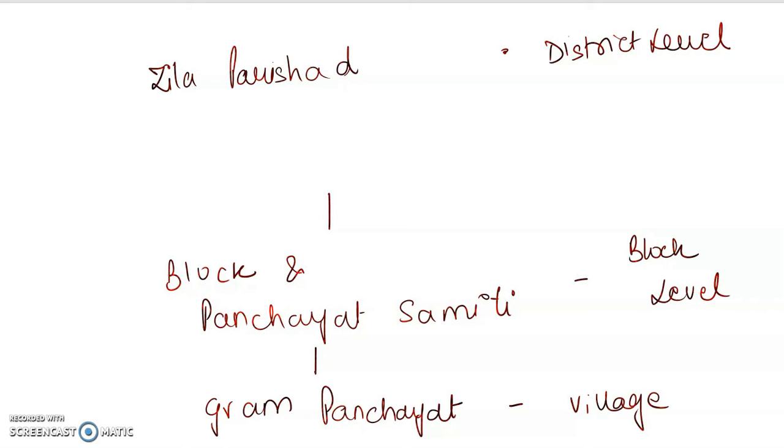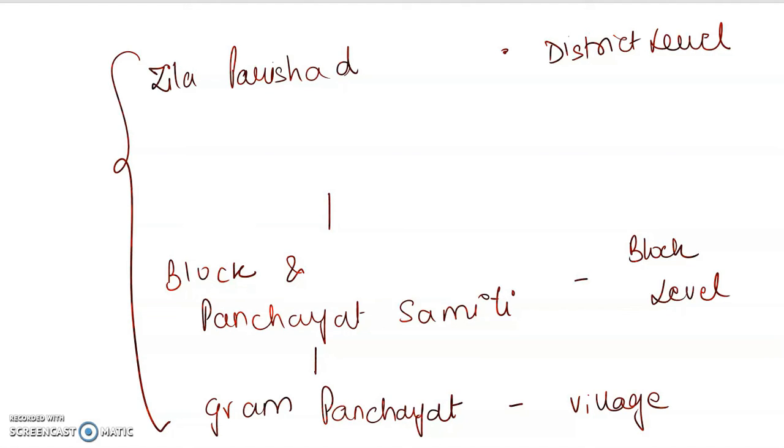So this structure varies from state to state, and the Constitution does not fix that this particular model is going to be the same. The state government makes its own laws regarding the panchayats, as to how people can raise their concerns and how they can participate.